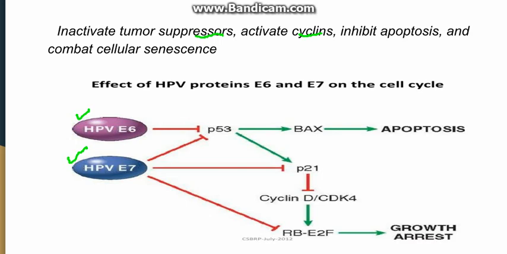They do this by inhibiting the P53 gene, which is a tumor suppressor, the P21 gene, and the retinoblastoma gene. These three are tumor suppressor genes. They will inhibit their normal function. There will be no apoptosis and no growth arrest during the cell cycle, leading to mutations.